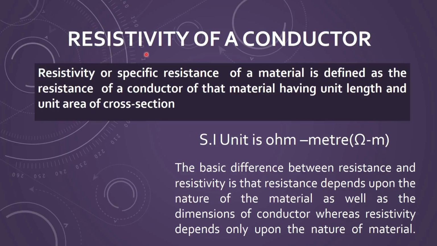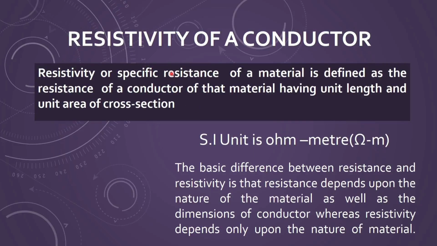Now, if I want to define the resistivity of a conductor, resistivity or specific resistance meaning is the same. It is dependent upon the resistance, as we have seen R equals rho L upon A. So if L is 1 and area of cross section is also unity, then resistivity becomes equal to the resistance of that conductor.